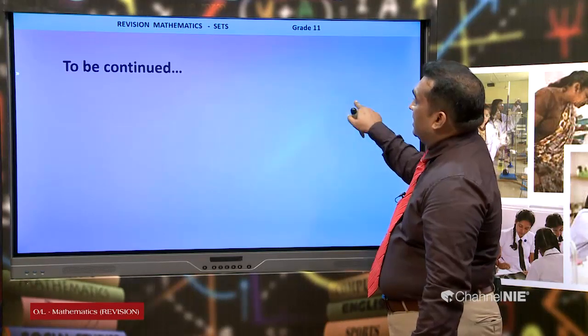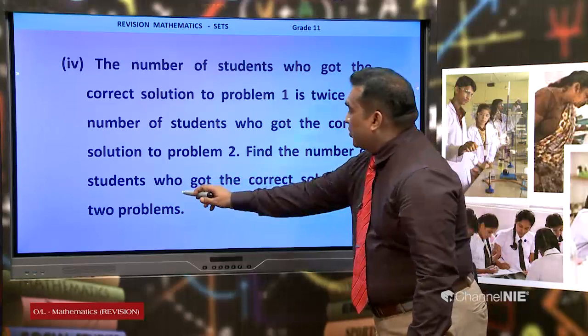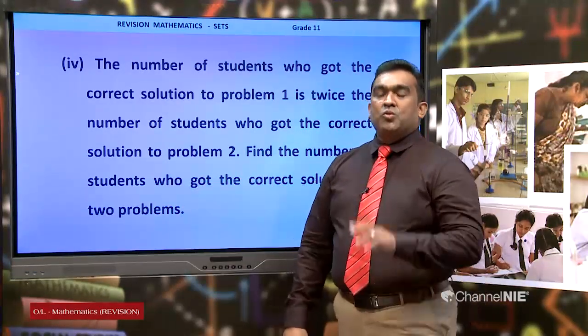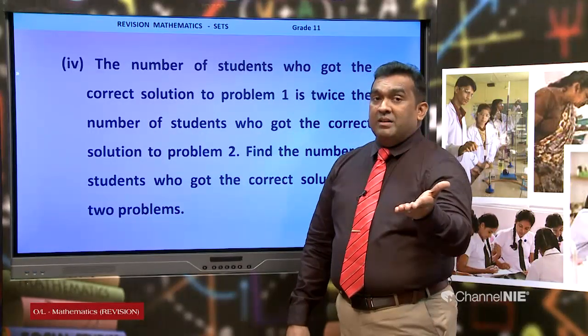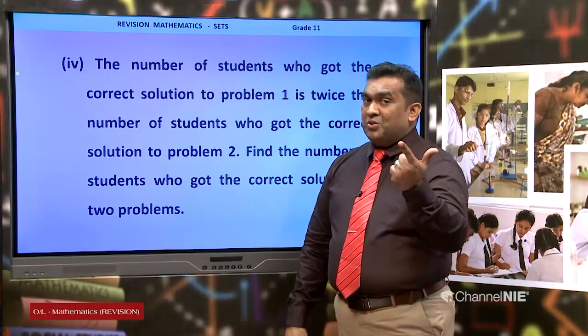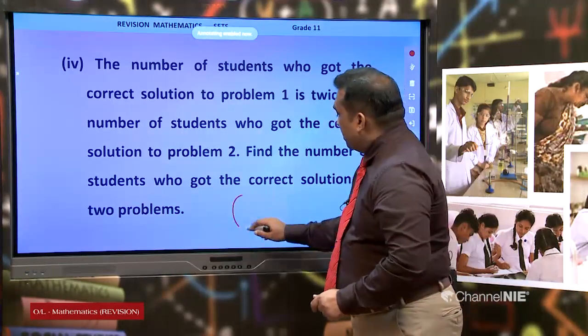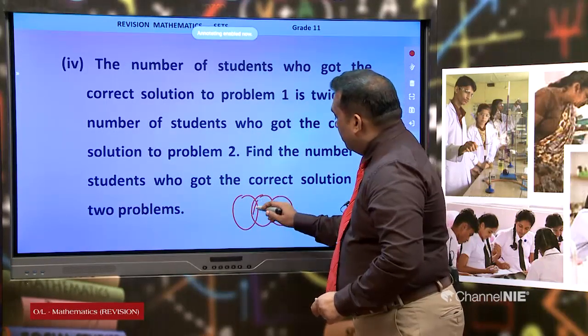They ask, find the number of students who got the correct solution to 2 problems. 2 problems, more than 1. Right? Understood well? 2 problems.